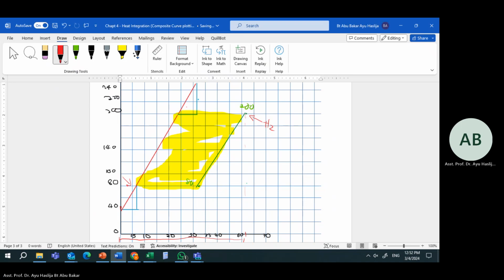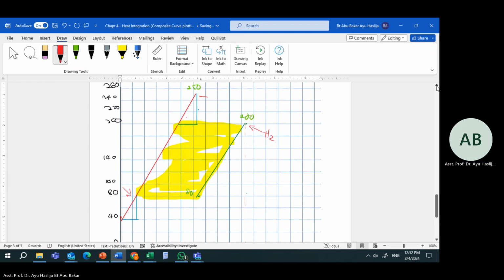Now, since the overlapping area from H1 and H2 is at the end of H2, at T target of H2, the last point should be at 61.5, meaning this point must fall at 61.5 on the x-axis.